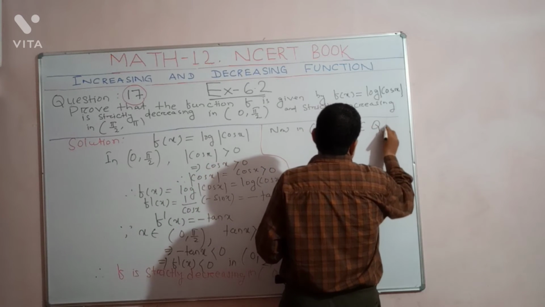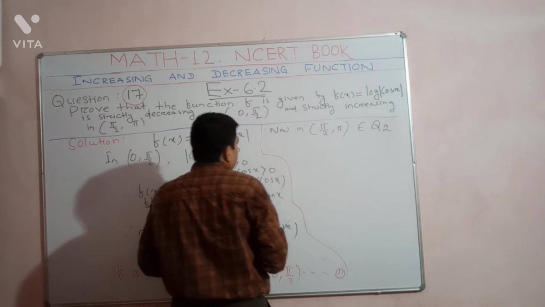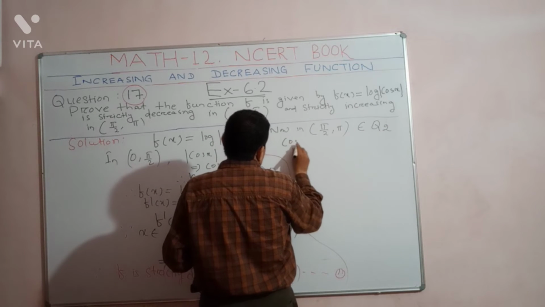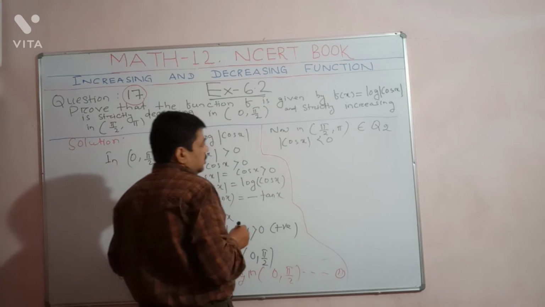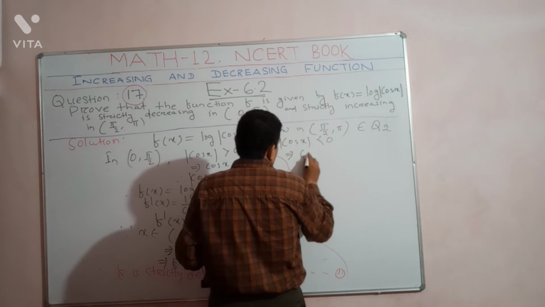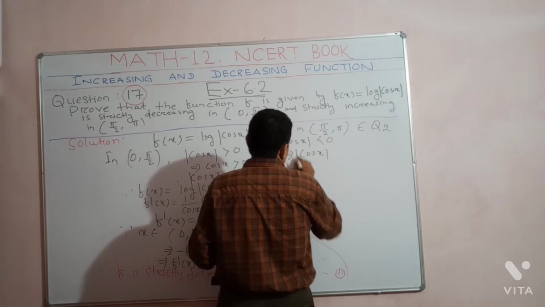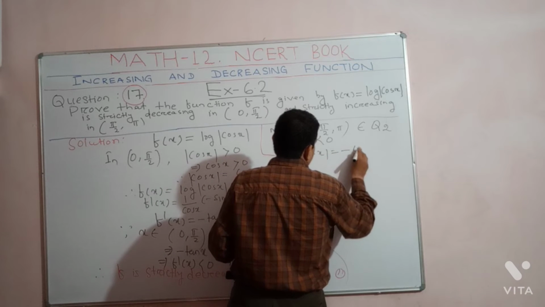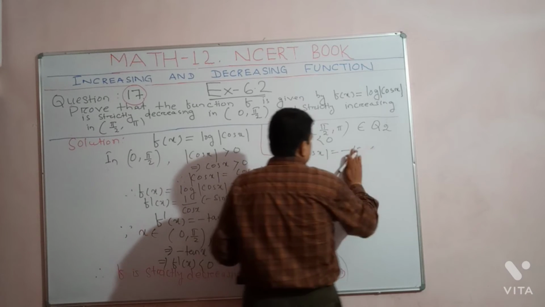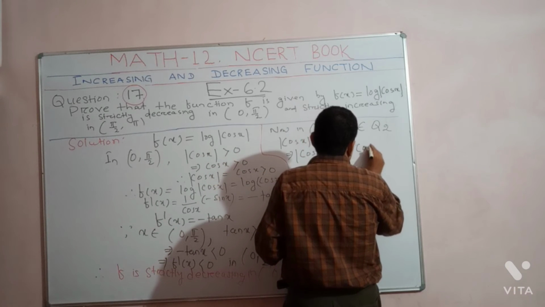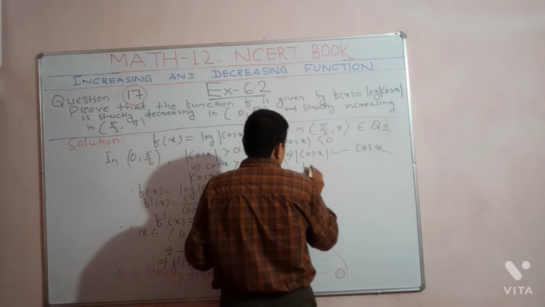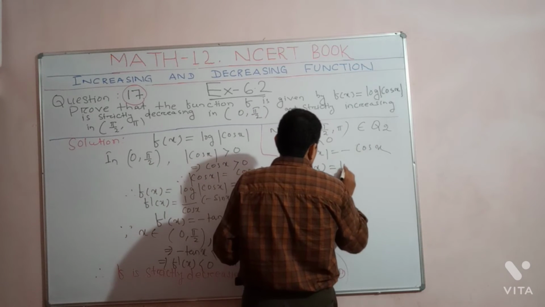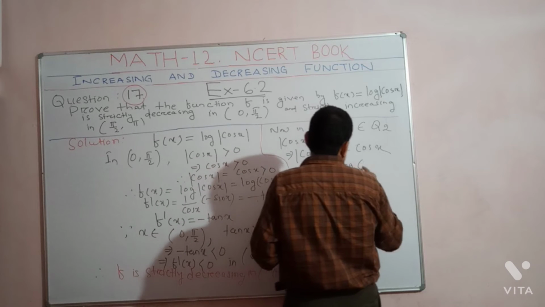Second quadrant. In the second quadrant, you know, the modulus of cos x what? Less than 0. That implies modulus of cos x is equal to what? Minus cos x. Hence the function will be what? f(x) is equal to log of minus cos x.